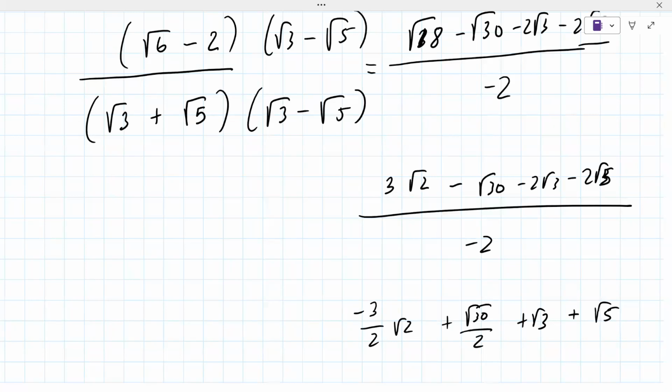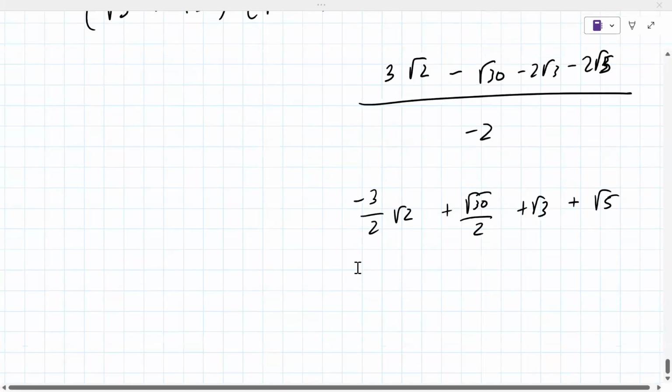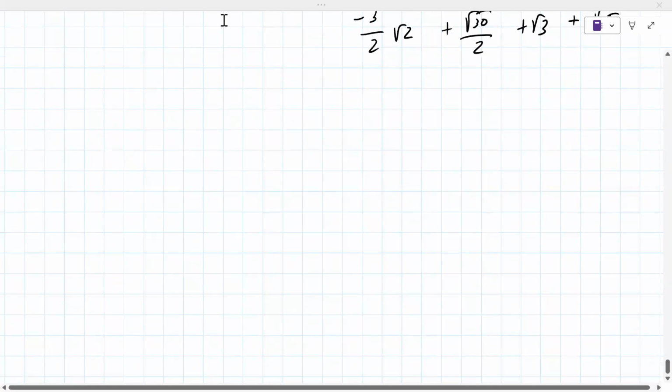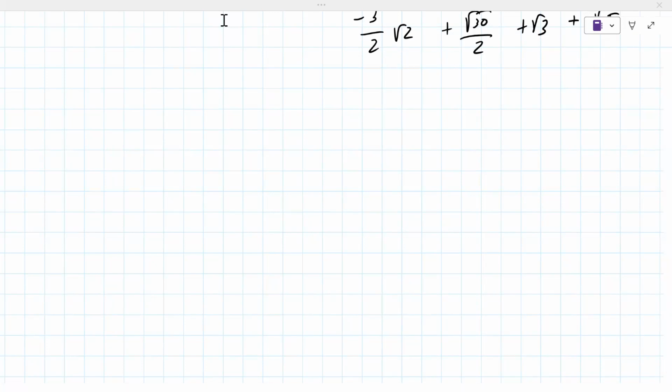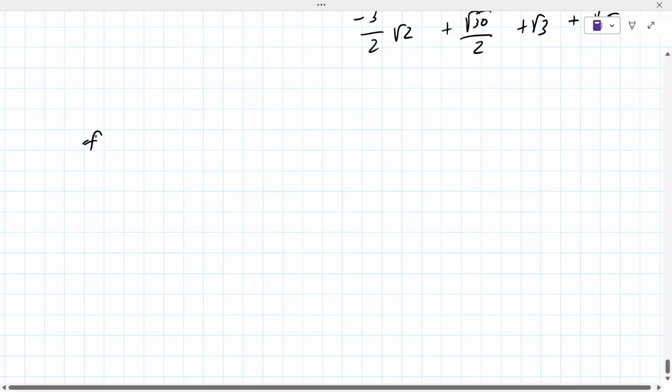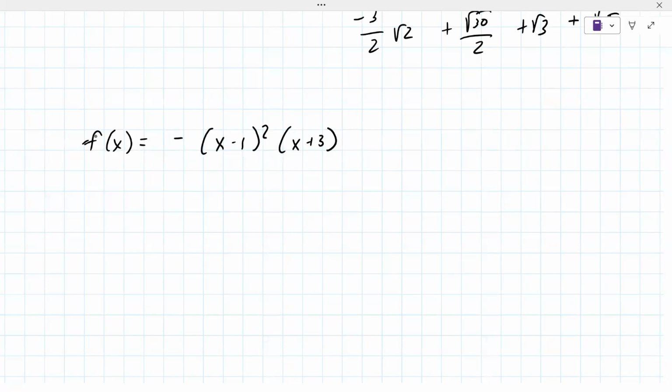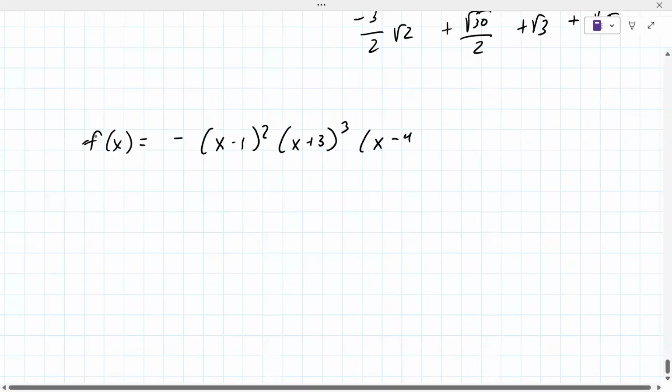So the other topic on your list here was the zero factor property. This is the easiest to explain, but it also has the most depth of possibilities. So in principle, let's say you have a function like this: negative (x minus 1) squared, (x plus 3) cubed, (x minus 4).